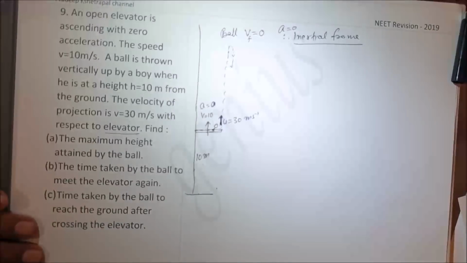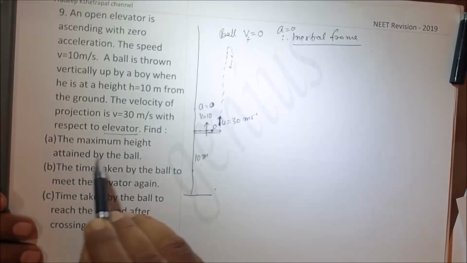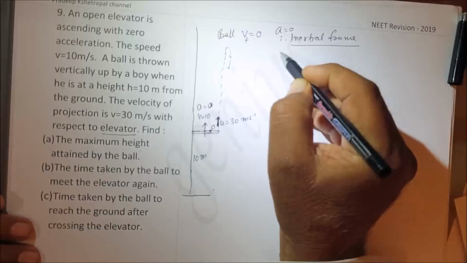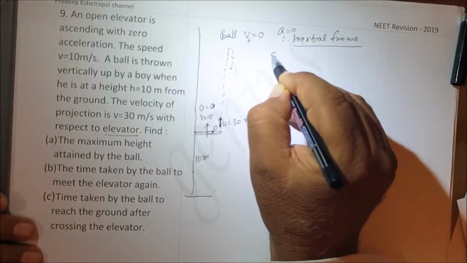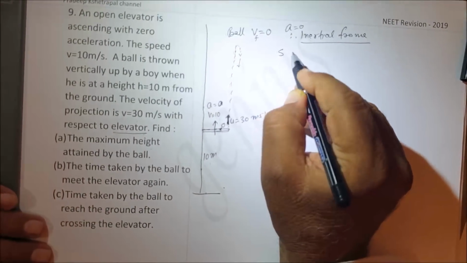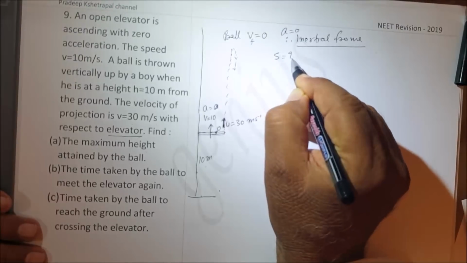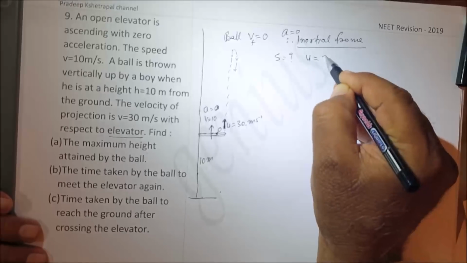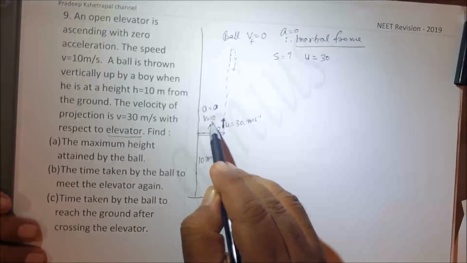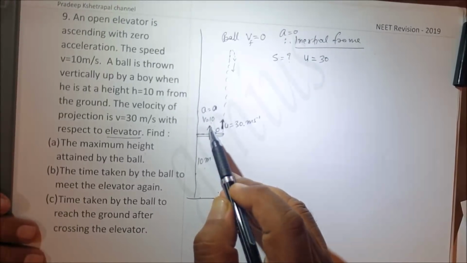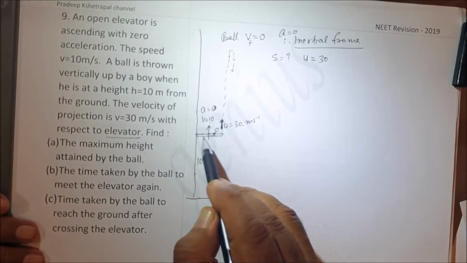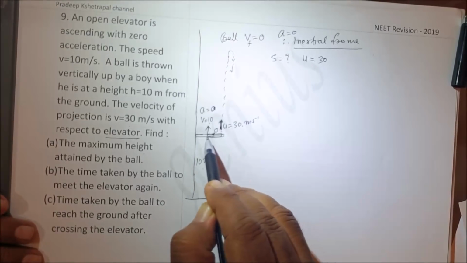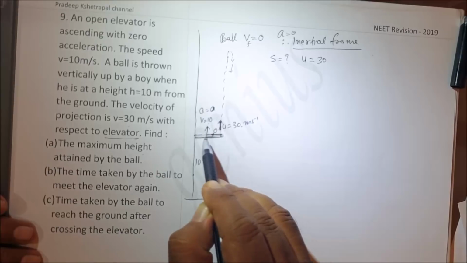What are those formulas? What do we have to find? The maximum height attained by the ball. We have to find S, that is the height of the ball. What is given to us? Initial velocity 30. Do we combine it with 10? The answer is no, because we are taking this platform as an inertial frame.